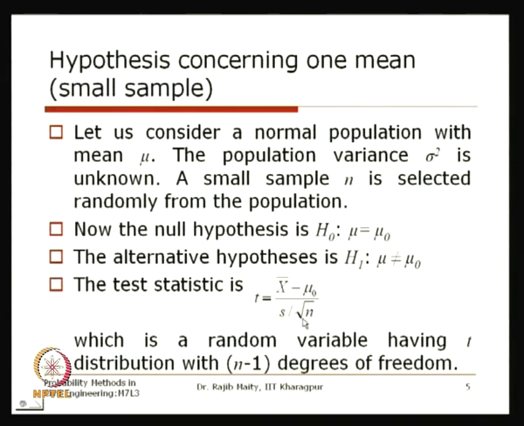Sigma by square root n, where sigma was the standard deviation of the population. Here it is a small sample and the population variance is unknown, so we have to estimate it from the sample. This s is the standard deviation estimated from the sample. So, this quantity is now a random variable having a t distribution with n minus 1 degrees of freedom.